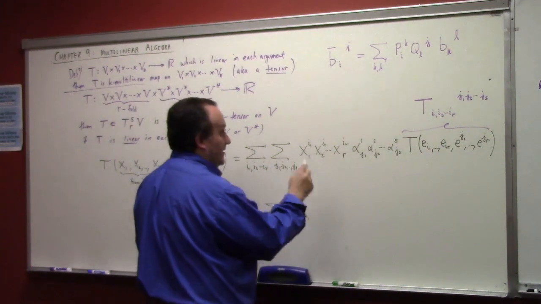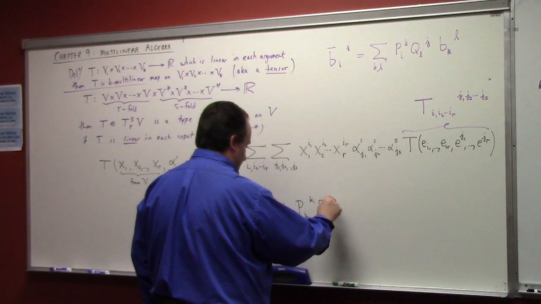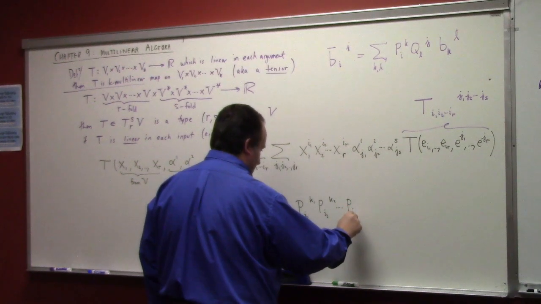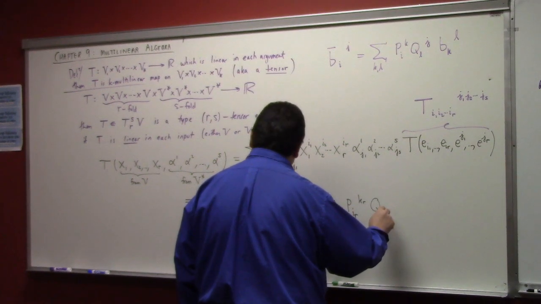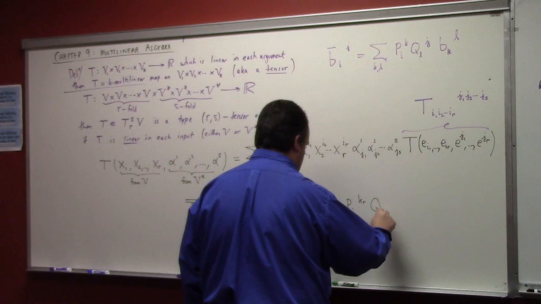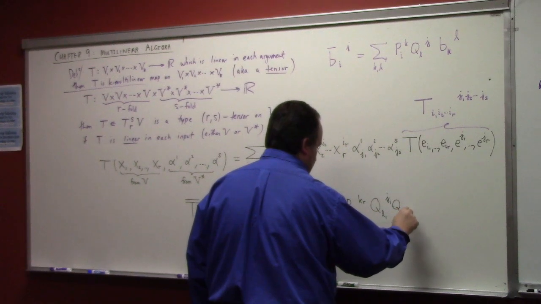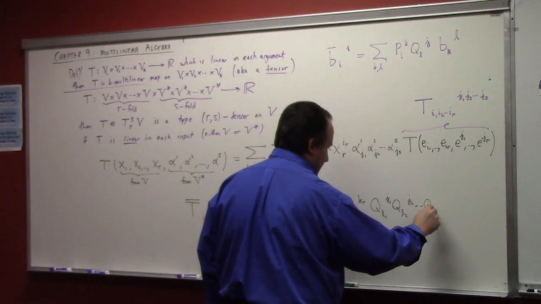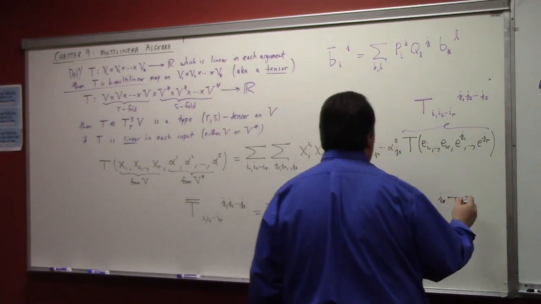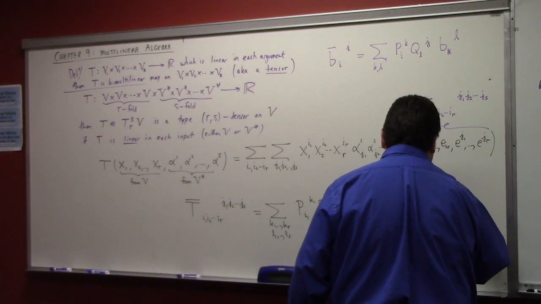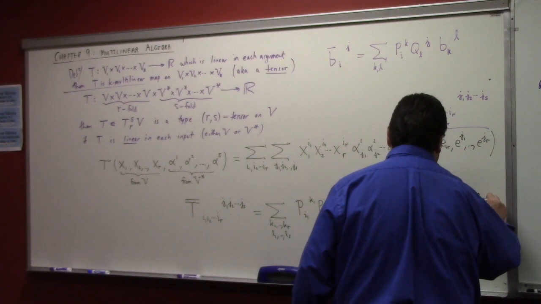And I have a P_i1 upper k1, P_i2 upper k2, P_ir upper kr, Q lower l1 upper j1, Q lower l2 upper j2, Q lower ls upper js, and then my tensor in its k1 through kr, and then upper l1 through ls.